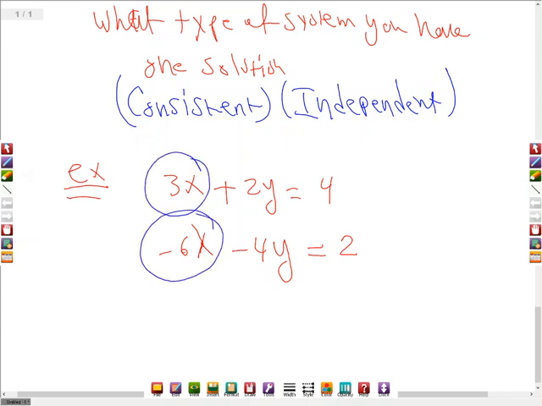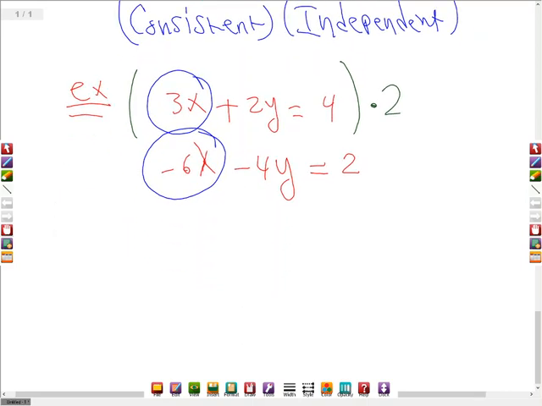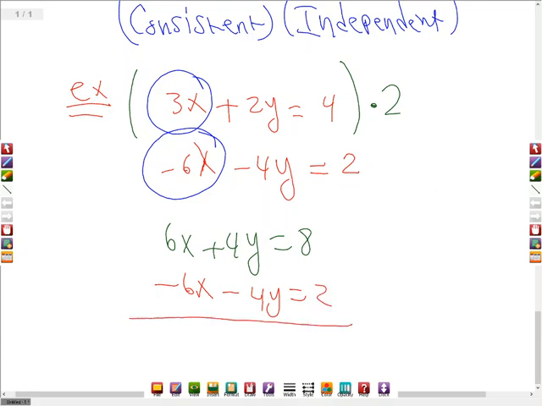Look, it's easy for me to multiply only the top equation by 2, because I already have negative 6 here. If you multiply the top by 2, it will give you 6. Now let us write the equation. It becomes 6x plus 4y equals 8. And the bottom stays the same. We never change it, nothing is done to the bottom. Negative 6x minus 4y equals 2. Add the two equations.